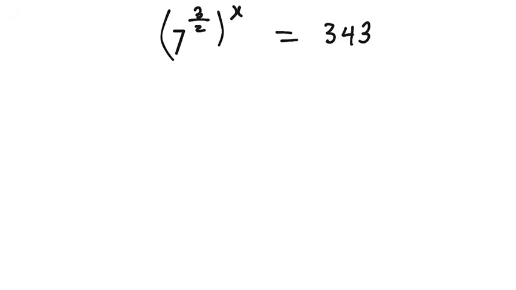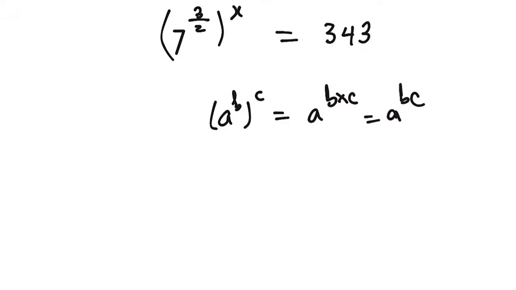Moving on. When you have a to the power of b, then to the power of c, this is going to be a to the power of b times c. So from there we're going to have 7 to the power of 3 over 2 multiplied by x, then equals. Now this 343 can be written as 7 to the power of 3.